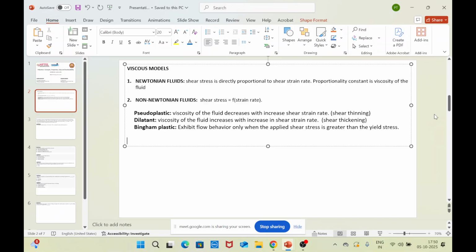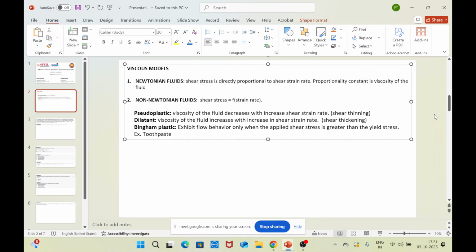So can you think of something? The classic example for this kind of system is your toothpaste. If you can visualize this, until you apply a certain stress, the toothpaste will not come out of the tube.